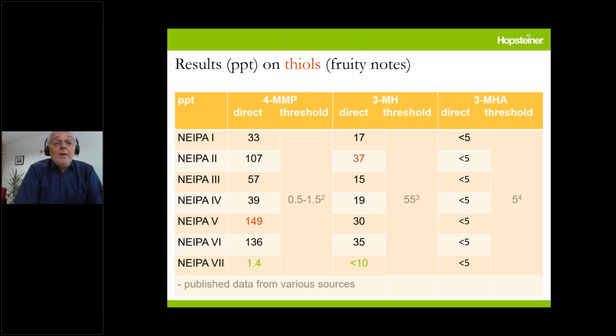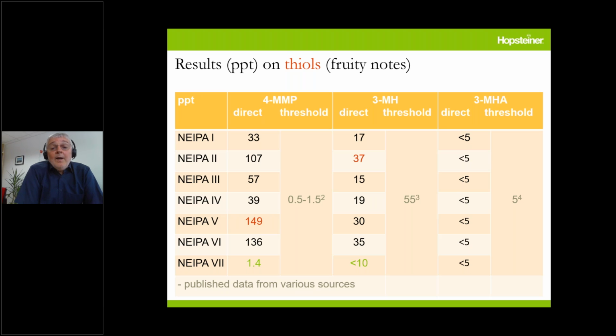And now we come to the thiols. Here we have the results in nanogram per liter, ppt. We have the 4-MMP, the 3-MH, and the 3-MHA. The 3-MHA was not detected in any of the samples, so we cannot expect any contribution to aroma coming from this compound.